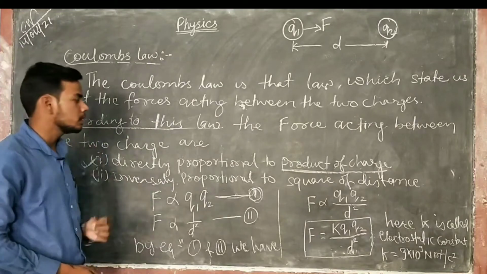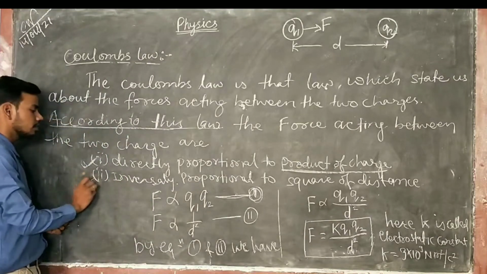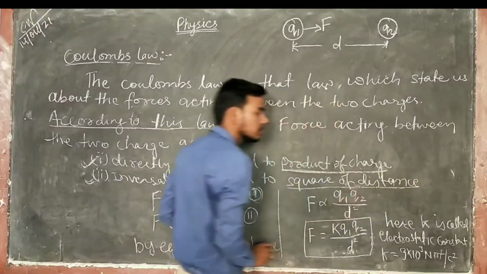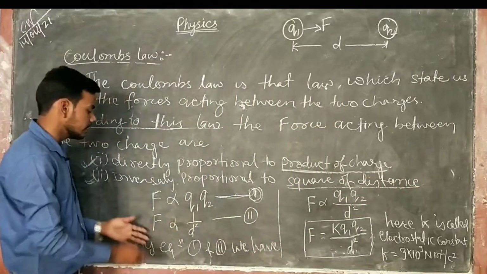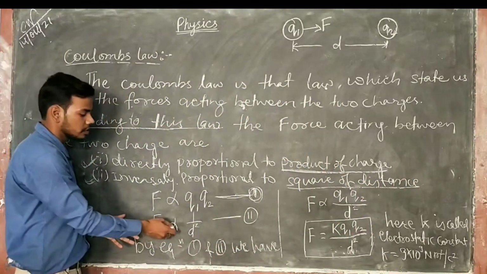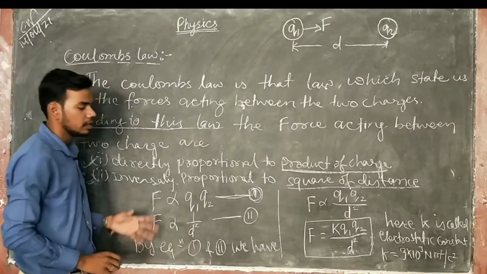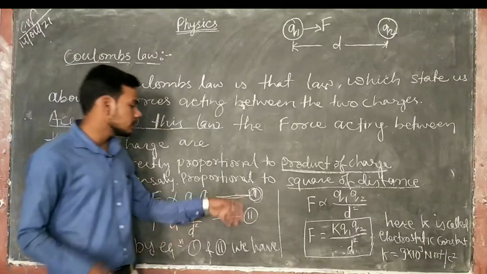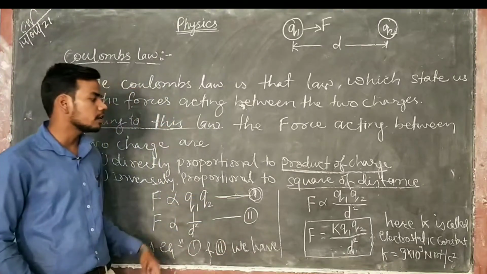And second, as we know, the force is inversely proportional to the square of the distance, so we can represent it as F inversely proportional to 1 upon d square. Okay guys, and by merging equations 1 and 2, what did we get?